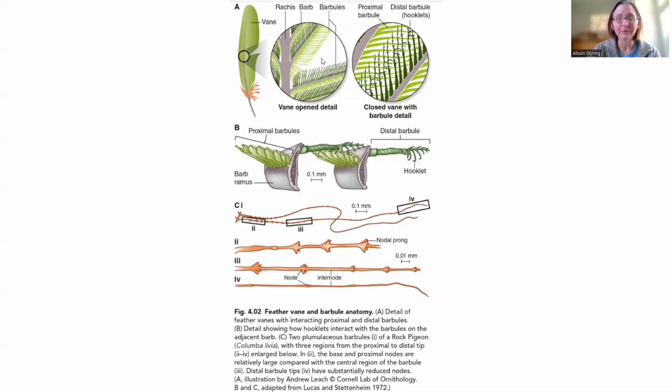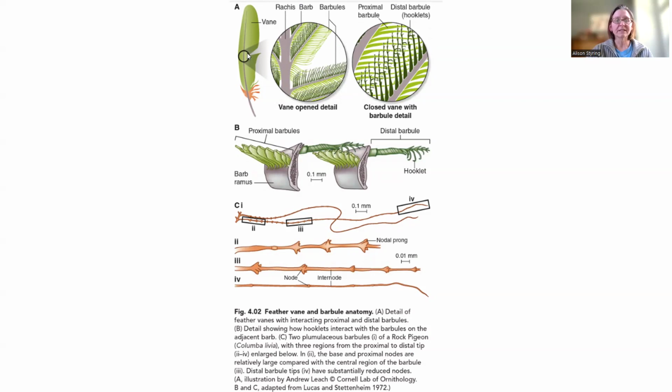Now, from each barb, if we look a little more closely at a barb itself, the barbs also have these structures that sort of emerge from both sides of the barb, and those are called barbules. And barbules have specialized structures in them, and they give pennaceous feathers that sort of zipped up quality to them. And so there's a difference in the structures of barbules depending on which direction they're facing.